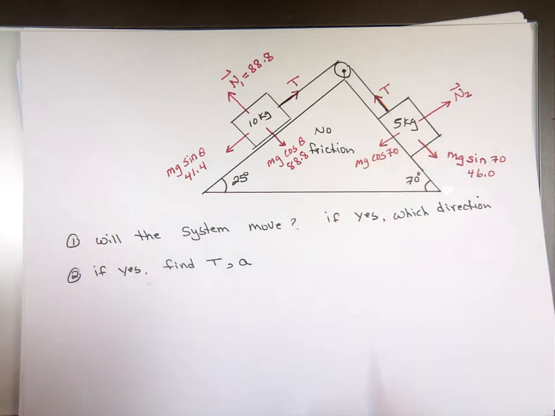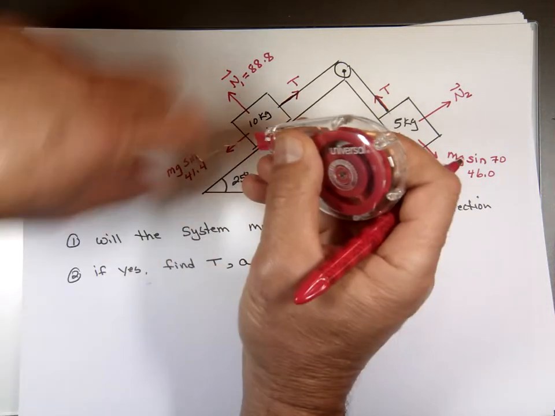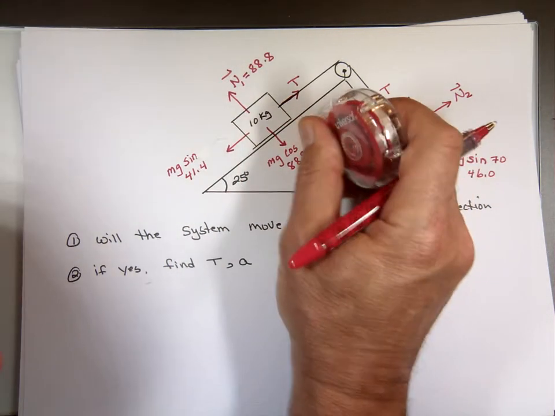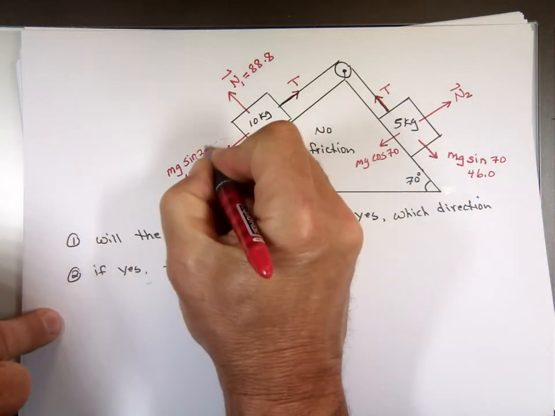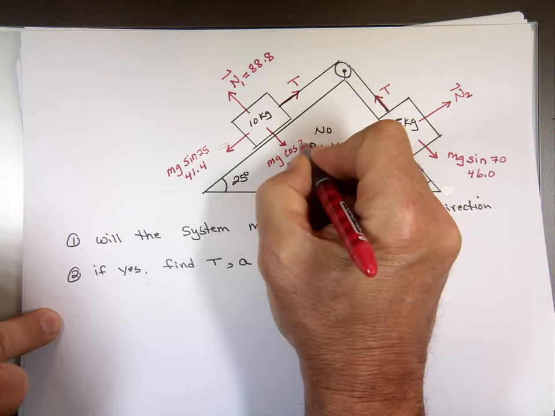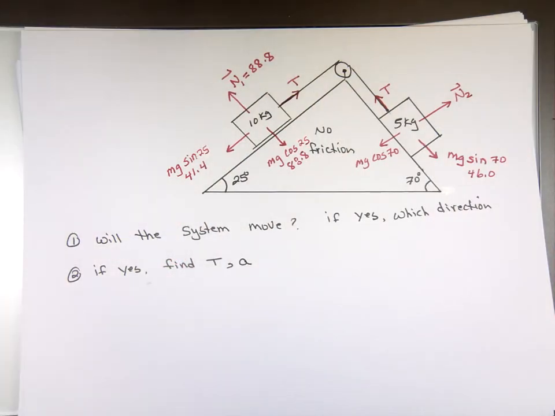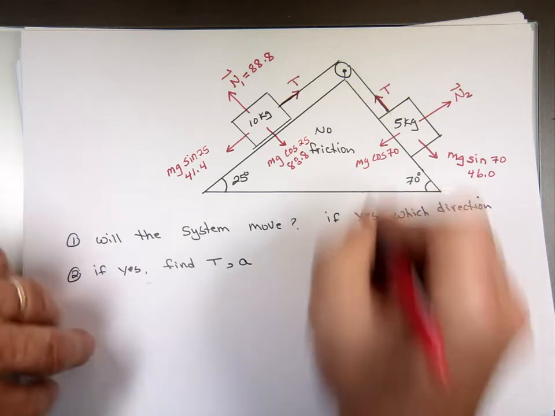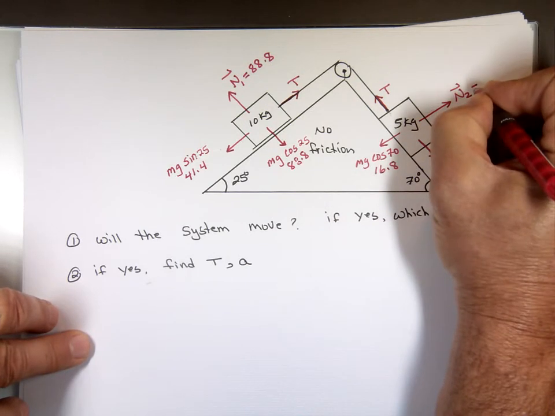So here the sine was what? 25. Since I put numbers, might as well put numbers here. Try to make them the same. And what's mg? That's 49 cosine of 70. 16.8. So what's the normal 2 equal to? 16.8.